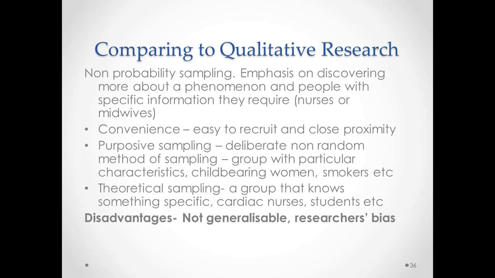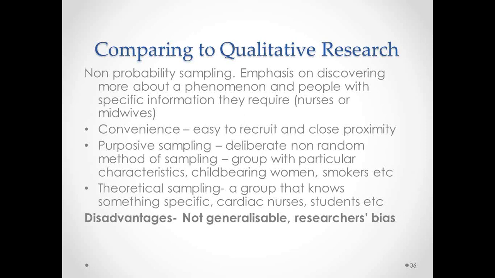Whereas in qualitative research, we tend to use non-probability sampling because the emphasis here is on insight and understanding. So we can use convenience sampling. So it's the idea of easy to recruit and proximity. We might use purposive sampling. So that's the deliberate, non-random selection of people because of a specific characteristic.